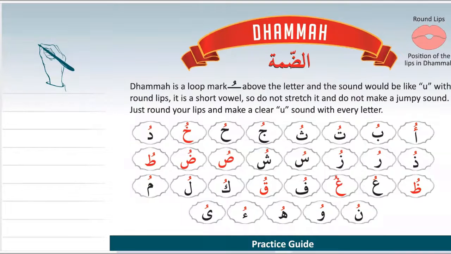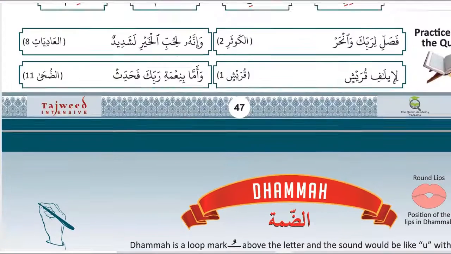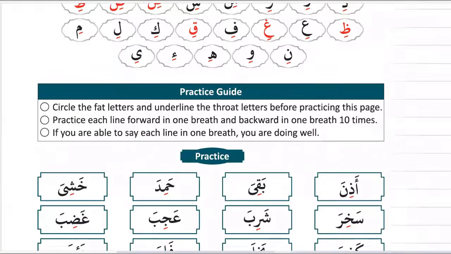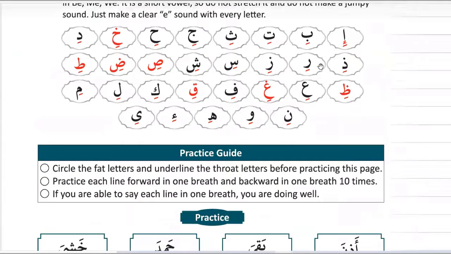But whenever you see a sign at the bottom of the Ra, then this Ra will be pronounced lightly. As I told you, there are 7 heavy letters, and you know that we have to pronounce these letters heavily always. These are not conditional letters. These are heavy letters all the time.